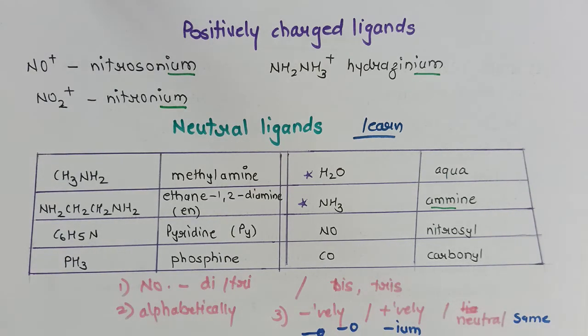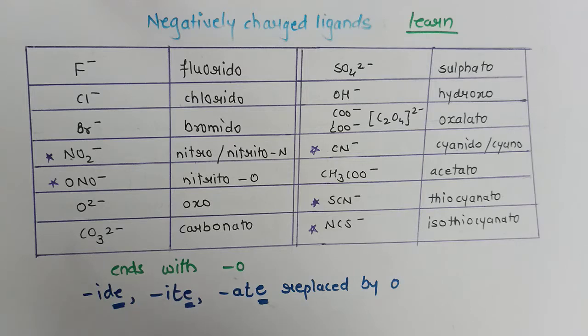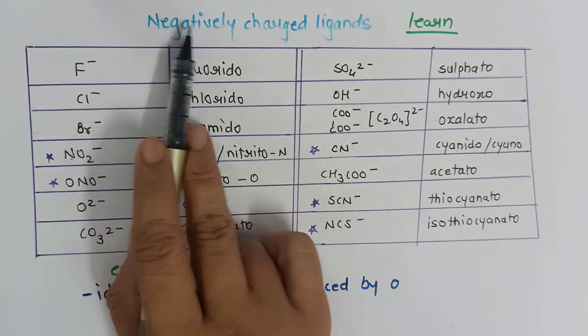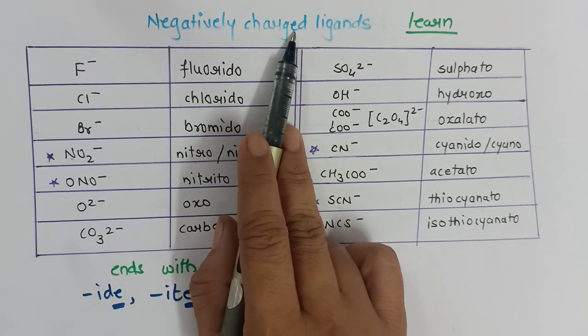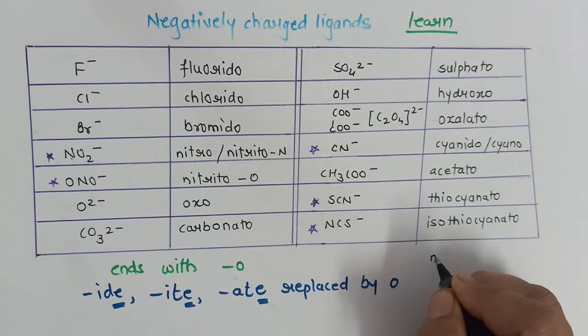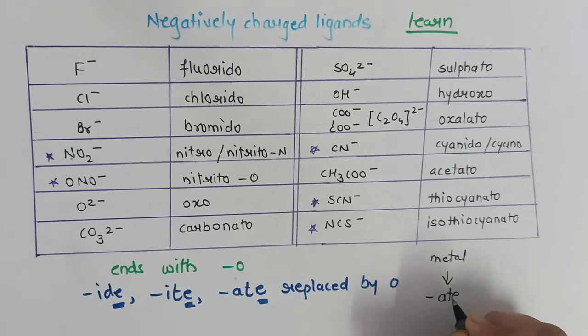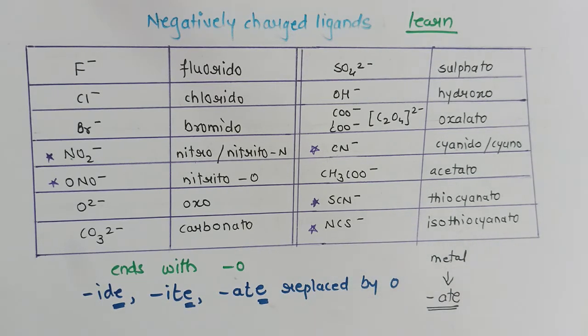Okay, now once the concept of naming ligands is over, we'll move to naming of the central metal atom. Naming of the central metal atom depends on to which ligand the central metal atom is joined. If the metal is coordinately bonded with a negatively charged ligand, then the central metal atom's name changes to end with ATE.